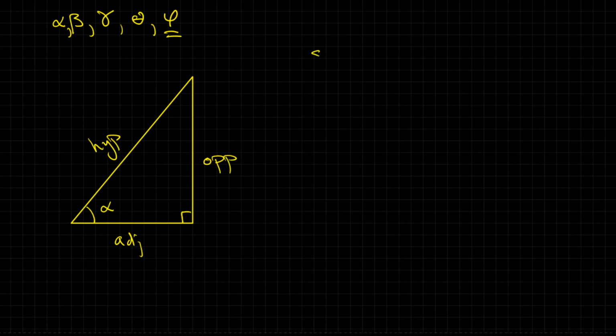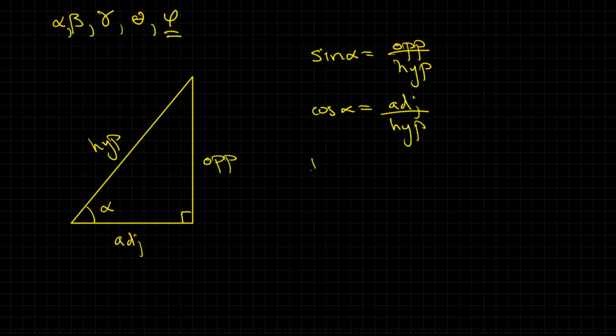So in this triangle, sine alpha is opposite over hypotenuse. Cosine alpha is adjacent over hypotenuse. Tan alpha is opposite over adjacent.